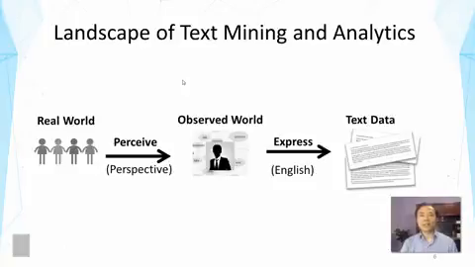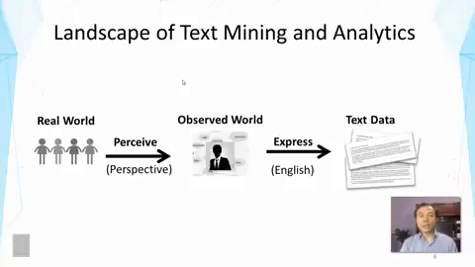Now, this slide shows the process of generating text data in more detail. More specifically, a human sensor or human observer would look at the world from some perspective. Different people would be looking at the world from different angles, and they will pay attention to different things. The same person at different times might also pay attention to different aspects of the observed world.